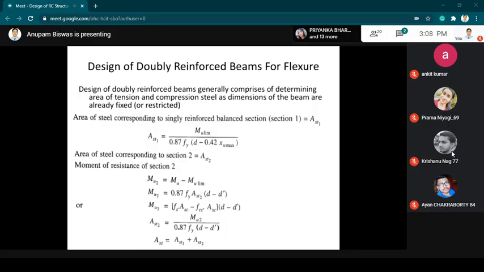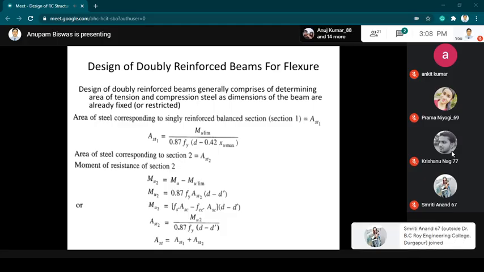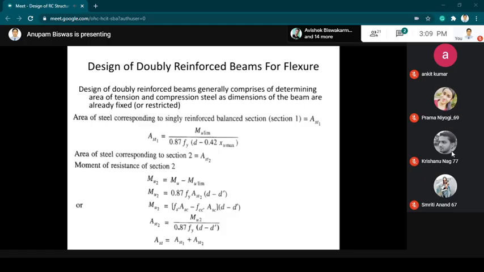ASC is the area of steel in the compression zone, and FSC is the stress in the steel, and the area that is actually occupied by the steel in the compression zone.